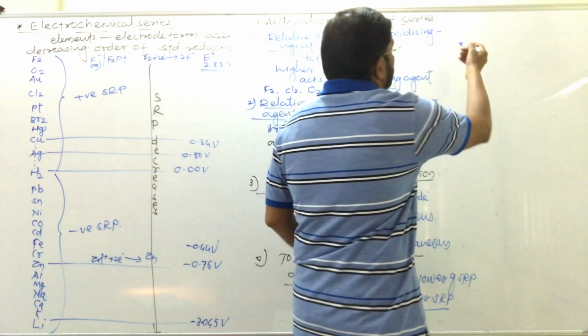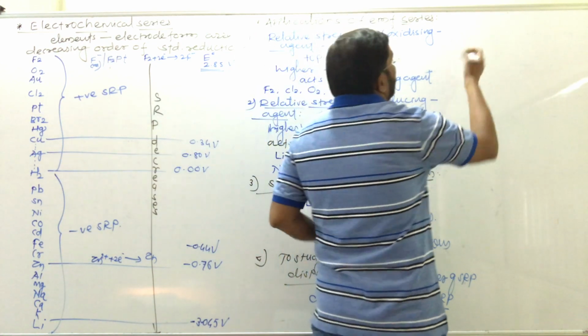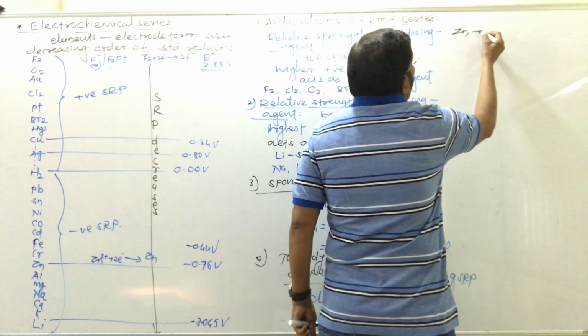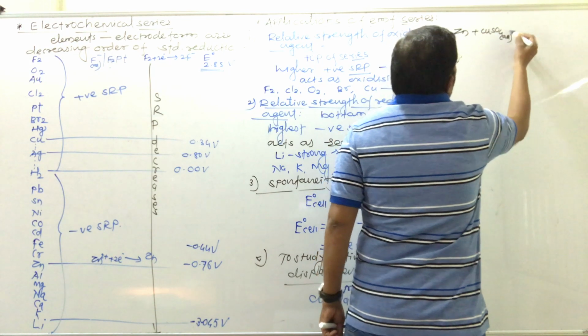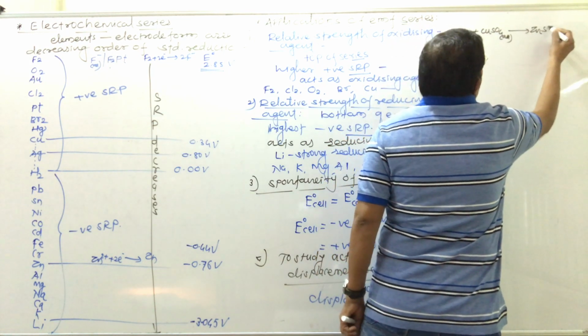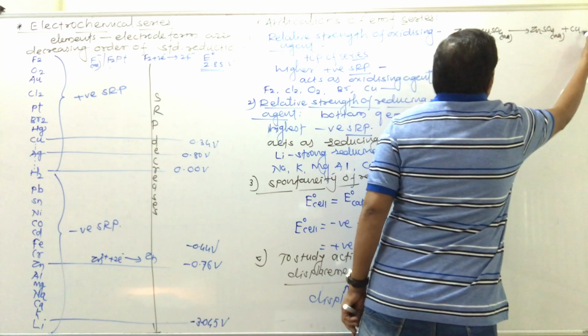For example, you see that zinc metal displaces copper. Here, with CuSO4 aqueous solution, there is formation of zinc sulfate aqueous and copper gets displaced.